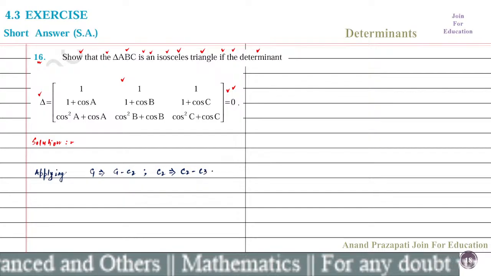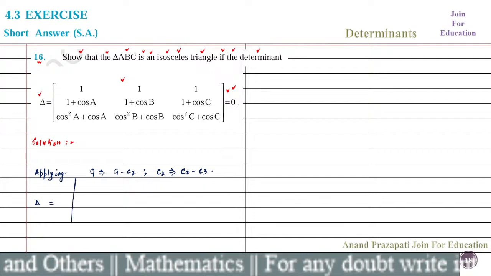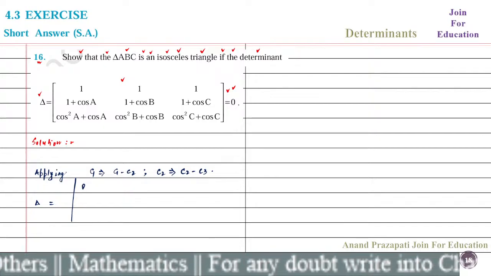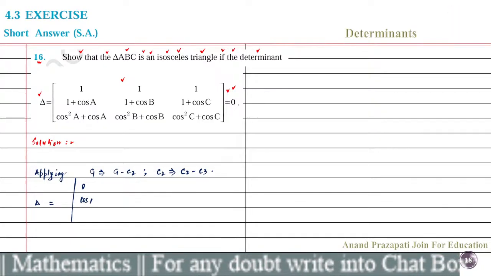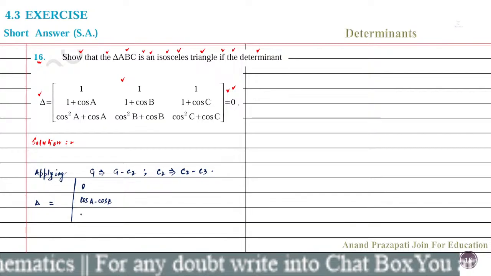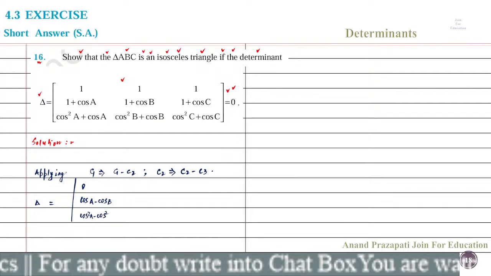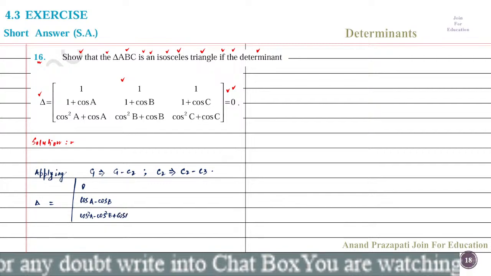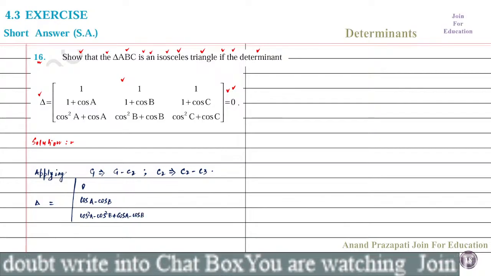Therefore the value of the determinant here will be 1 minus 1 equal to 0, and here will be cos A minus cos B, and here will be cos square A minus cos square B plus cos A minus cos B. Observe there is no problem to understand up to this step.